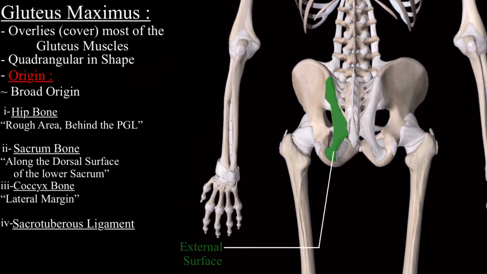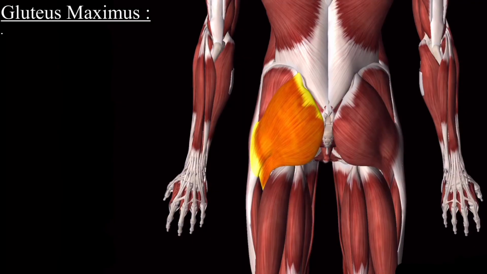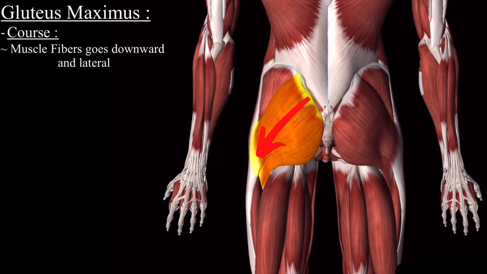And the Gluteus Maximus muscle originates from the external surface of the Sacrotuberous ligament. So this is the origin point of the Gluteus Maximus muscle from the Sacrotuberous ligament. After origination, the fibers of the Gluteus Maximus muscle go downward and lateral, posterior to the hip joint.